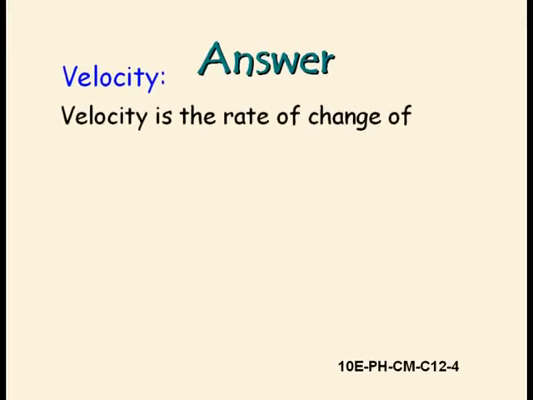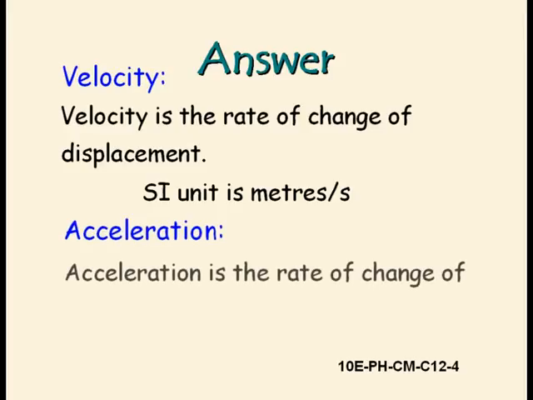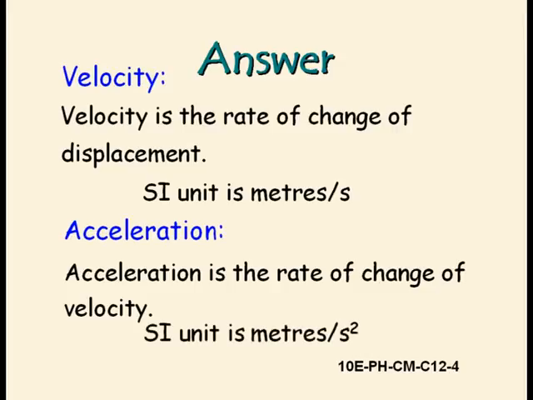Velocity is the rate of change of displacement. SI unit is meters per second. Acceleration. Acceleration is the rate of change of velocity. SI unit is meters per second square.